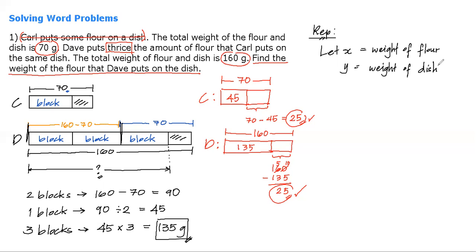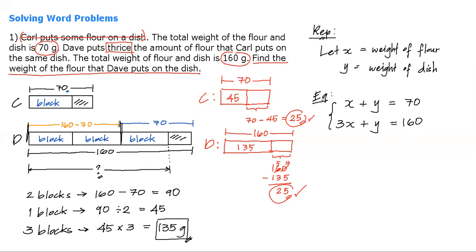We already know that Carl puts some flour on a dish, and therefore we may represent this as x plus y, a flour in a dish with a total weight of 70 grams. Now, when you say thrice the amount, it is 3 times x added by y, the dish, and it will become 160. Now, we may solve these equations in such a way.